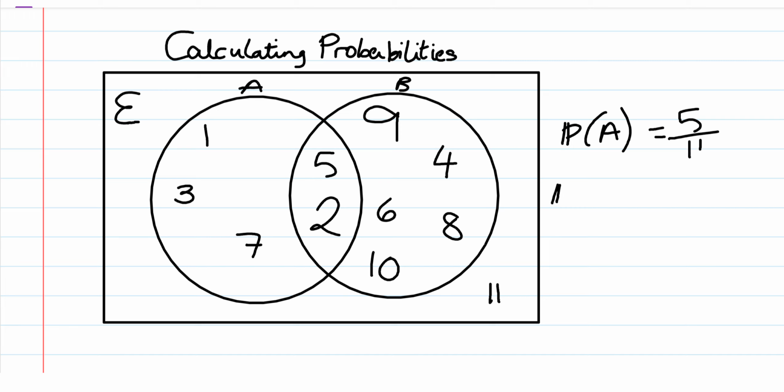Now the probability of being in the intersect, so probability of A and B happening, is 2 because we've got 2 elements out of a possible 11 again, because we're considering the whole set.